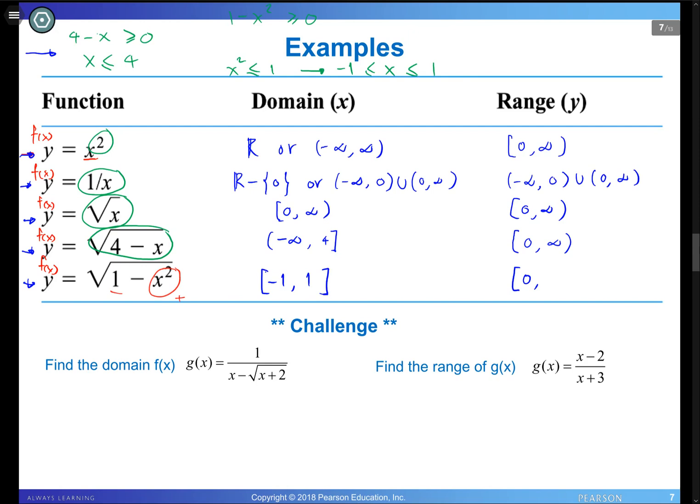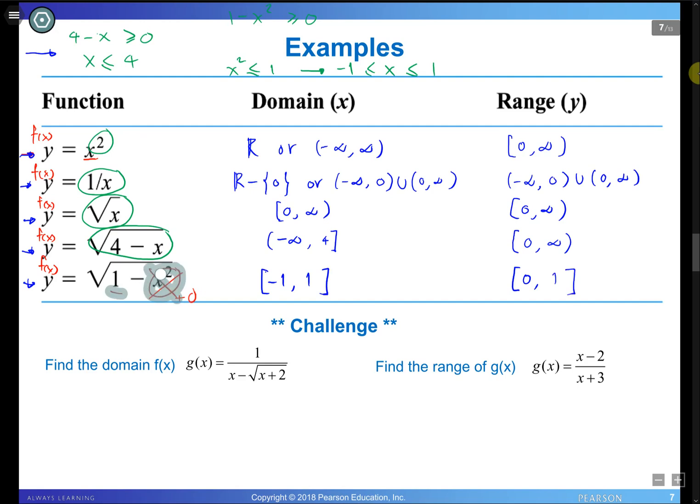So the highest value that y can be is when this term becomes 0. That is the highest y can be, and that is y equal to 1. Okay, so that is the range set for this one.